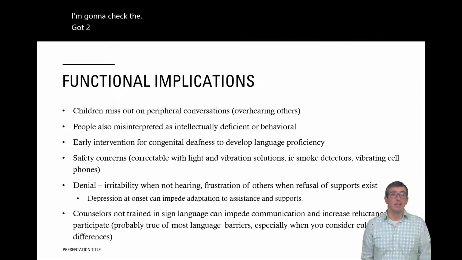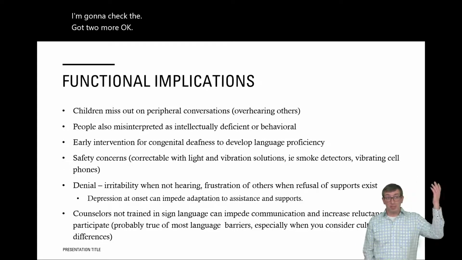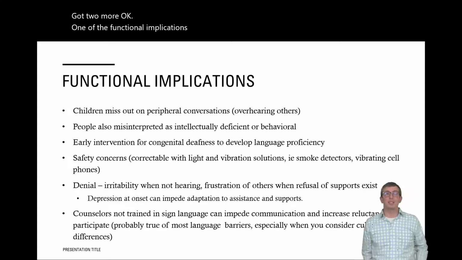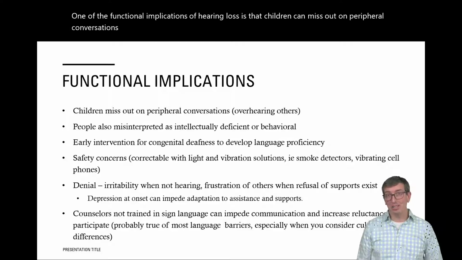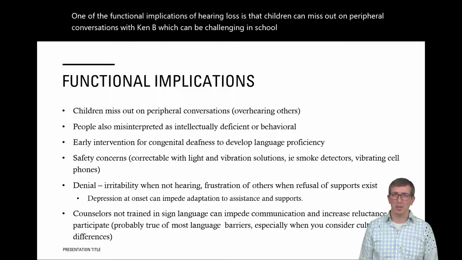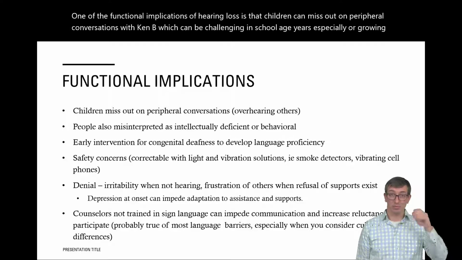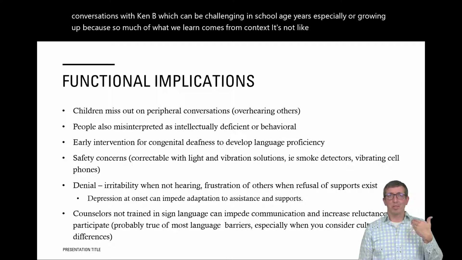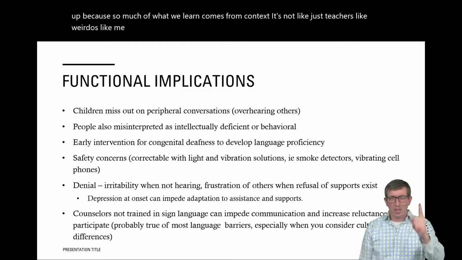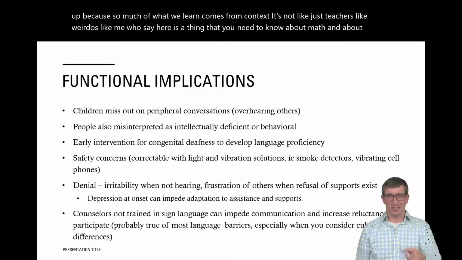Okay. One of the functional implications of hearing loss is that children can miss out on peripheral conversations, which can be challenging in school age years, especially, or growing up, because so much of what we learn comes from context. It's not like just teachers, like weirdos like me, who say, here is a thing that you need to know about math and about phonetics and reading and all this kind of stuff.